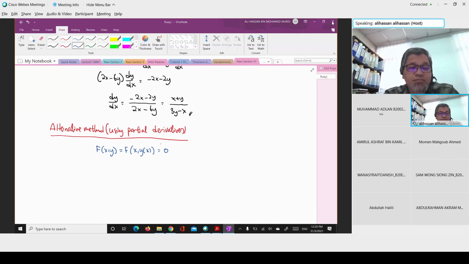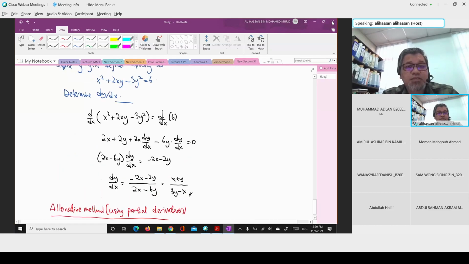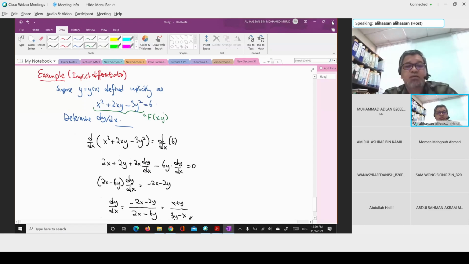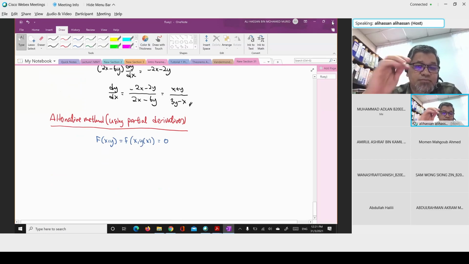We can think of the expression on the left hand side as a function of x and y, where 6 is just a constant on the right hand side, and y is a function of x. So remember the chain rule that we have discussed.